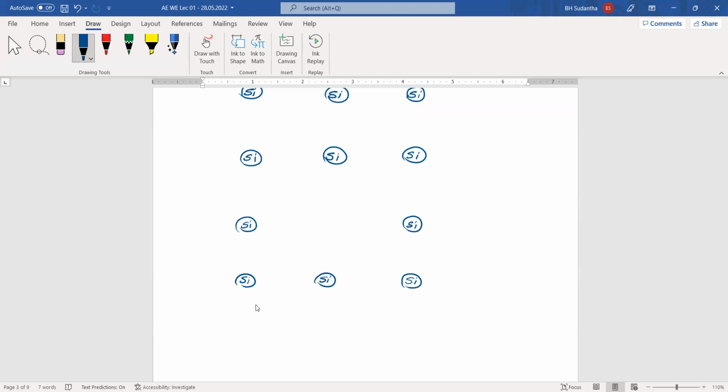For example, we can take a third group element, boron.